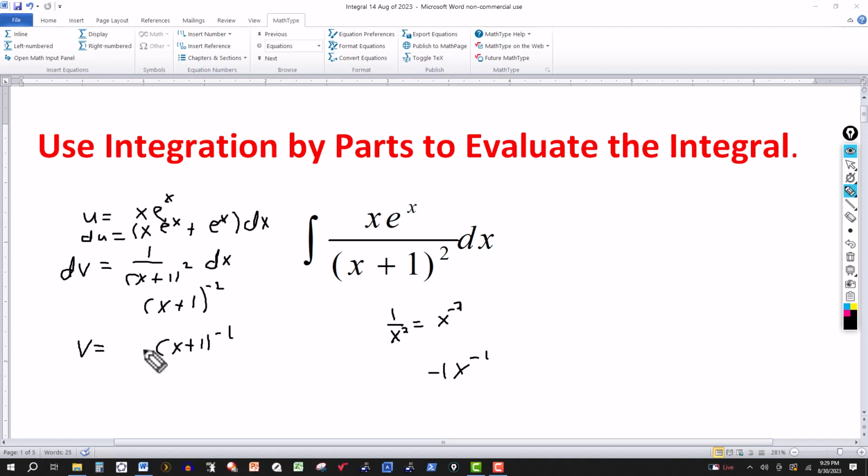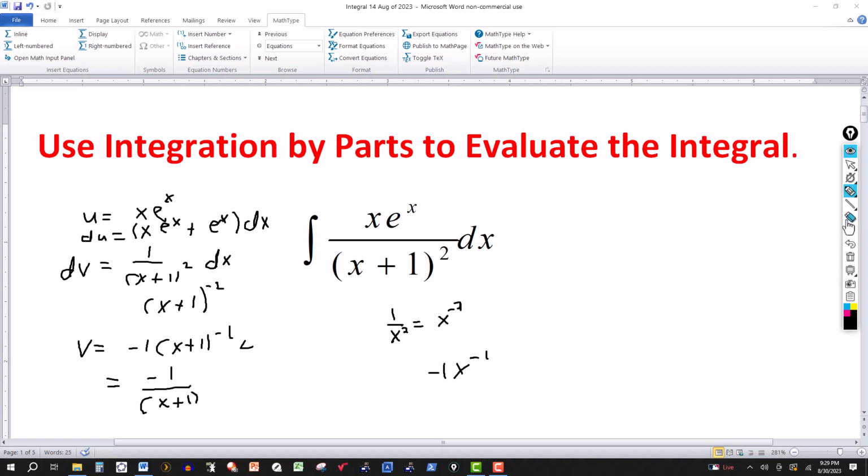And then I divide the coefficient 1 by negative 1, I get negative 1 out here. And then I'll rewrite this as negative 1 and take this to the denominator, change the sign. This will be x plus 1.